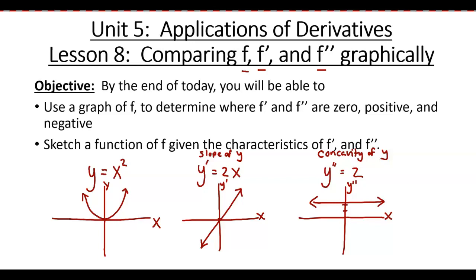Now, since the second derivative is the derivative of the first derivative, you could also say that the second derivative is the slope of the derivative. Okay, so this is the original function, and then we have its derivatives and how they relate to each other.